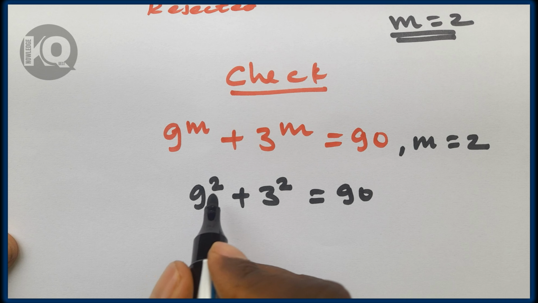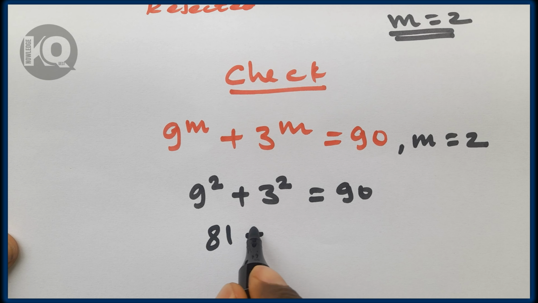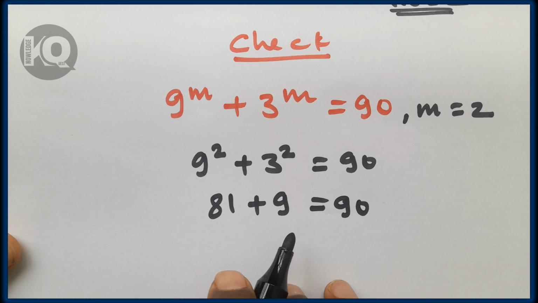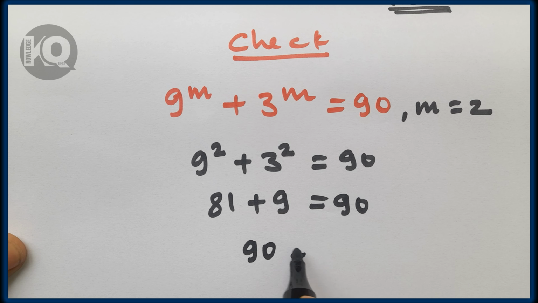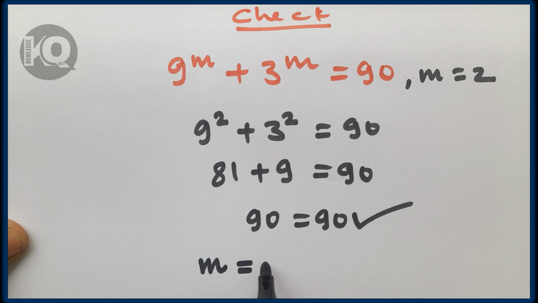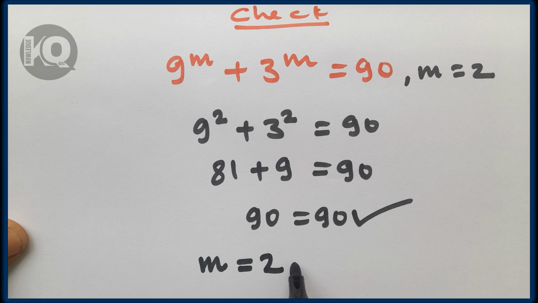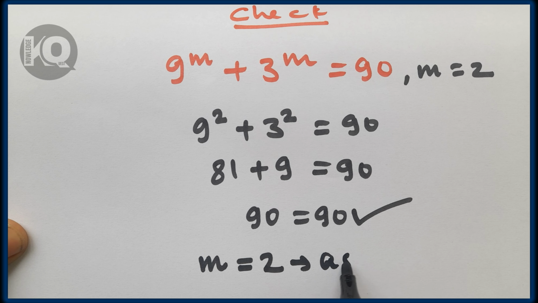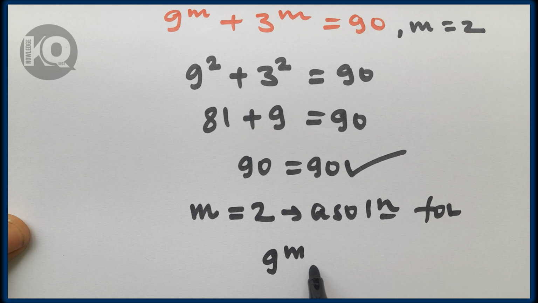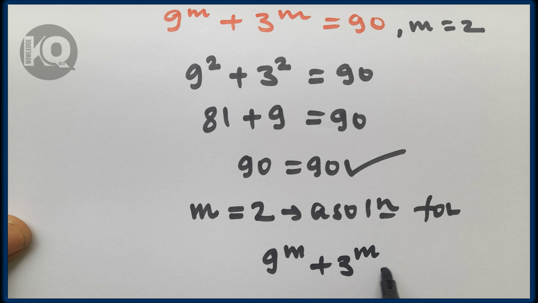So 9 squared will be 81, plus this will be 9, which is equal to 90. So 90 is equal to 90. So our answer m equal to 2 is a solution for 9 to the power of m plus 3 to the power of m equal to 90.